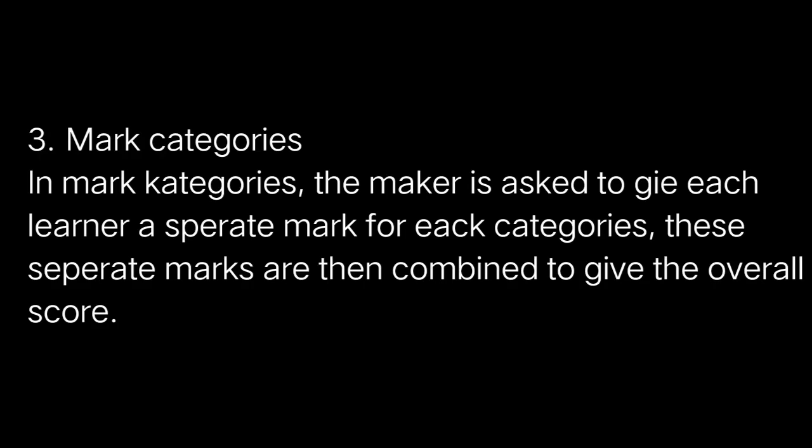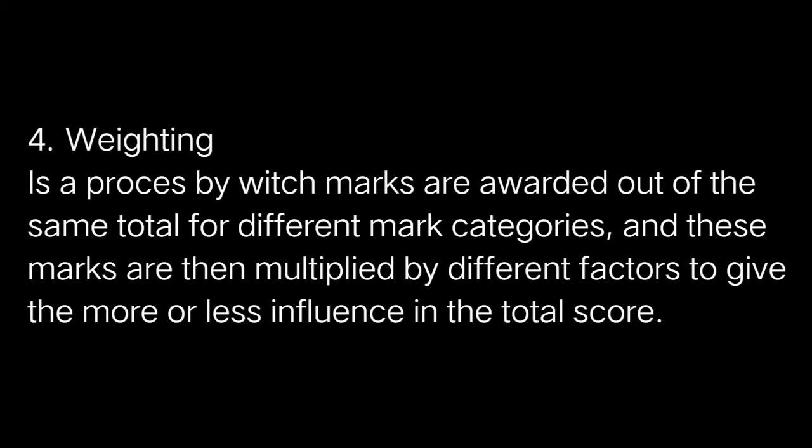3. Mark categories. In mark categories, the marker is asked to give each learner a separate mark for each category. The separate marks are then combined to give the overall score. 4. Weighting is a process by which marks are awarded out of the same total for different mark categories.